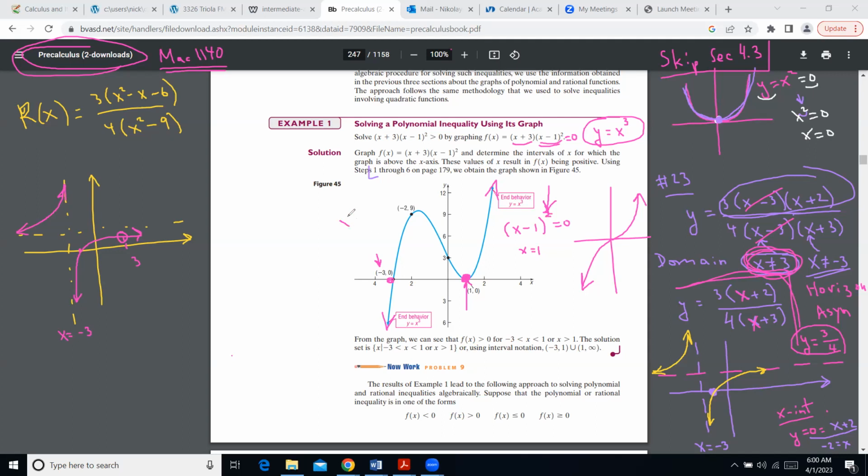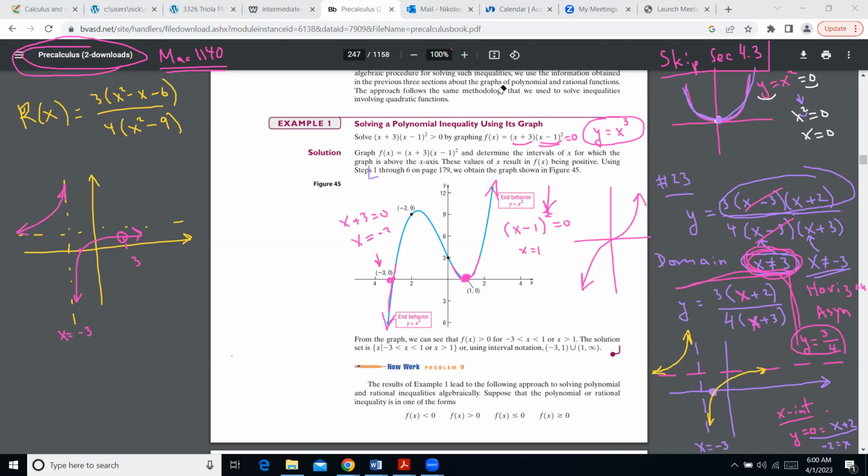And for the first factor, which is x plus 3, when you set it equal to 0, you do get -3, but since it's raised to the first power, the graph is just going to cross through that point, not go down and then bounce back up. So that's an interesting little fact about graphing that helps us out.